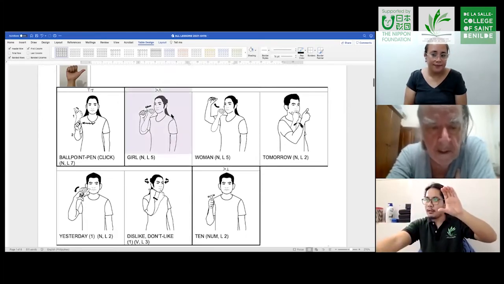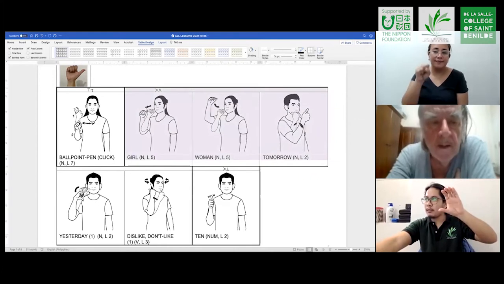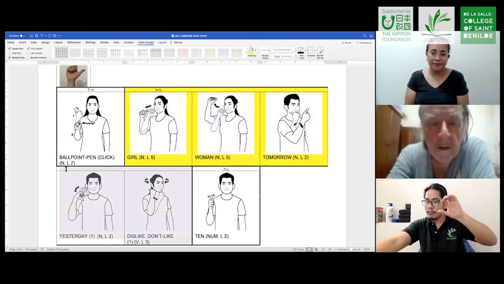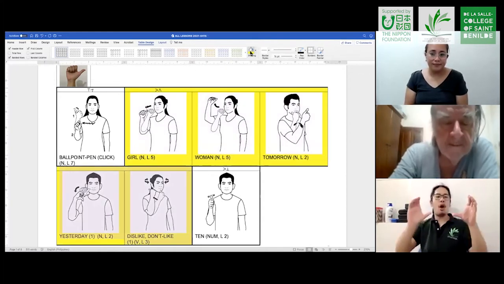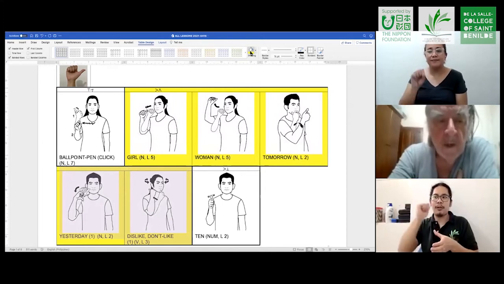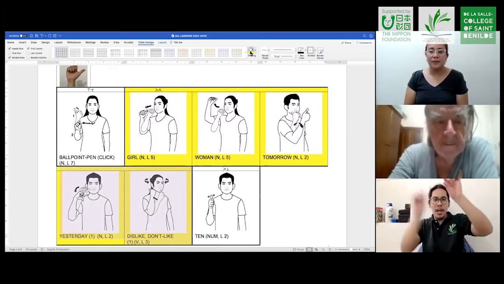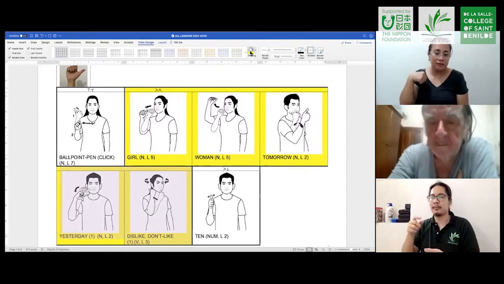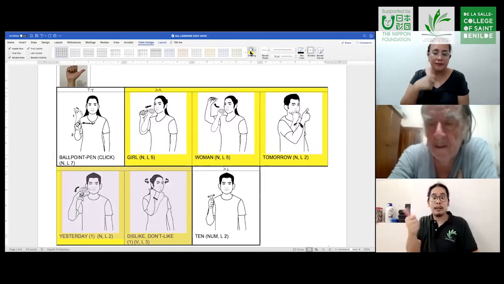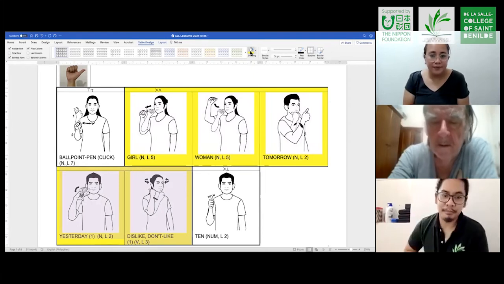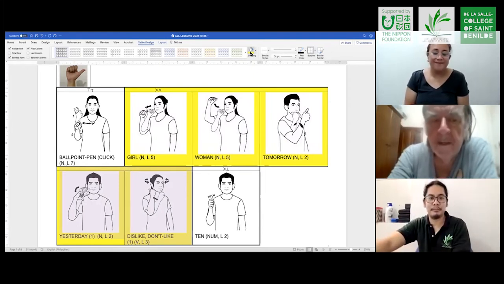So I just wanted to show you what we did. This is what I highlighted, and this is what we were discussing earlier. So it was woman, tomorrow, yesterday, and not. This way is easier for us to arrange it visually, and then I put borders as well. I thought that would help. Yeah, that's fine.